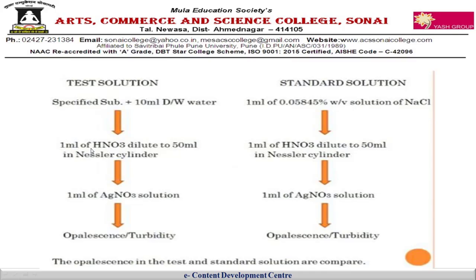In the test solution, add 1 ml of nitric acid, dilute to 50 ml in the Nessler cylinder, and add 1 ml of silver nitrate solution. In the standard solution, add 1 ml of nitric acid and dilute to 50 ml in the Nessler cylinder, and again add 1 ml of silver nitrate solution. Keep aside for 5 minutes, and opalescence means turbidity. The opalescence in the test and standard solution are compared.